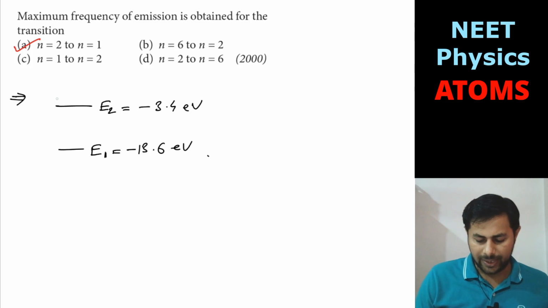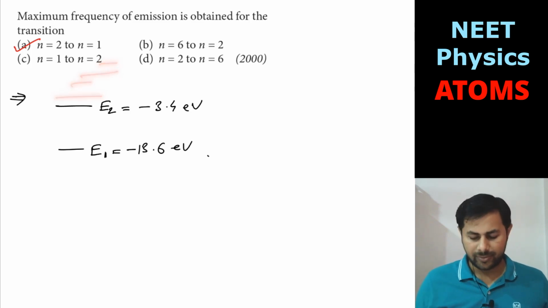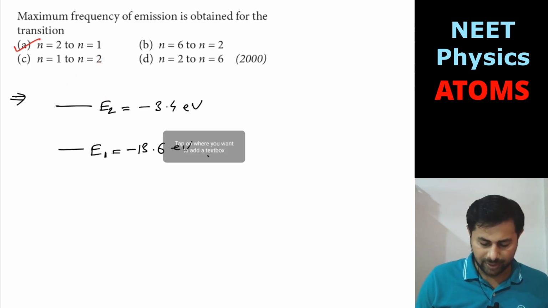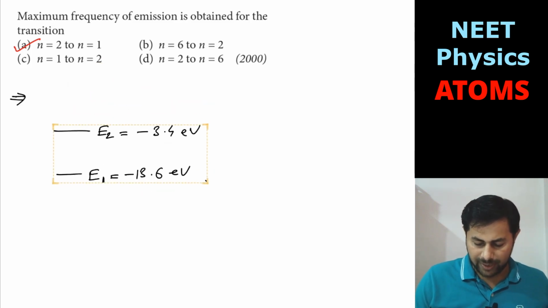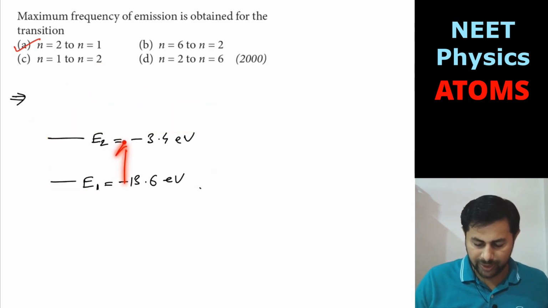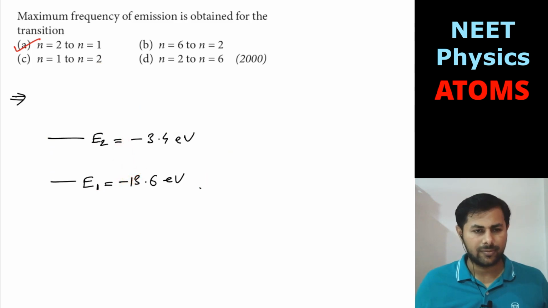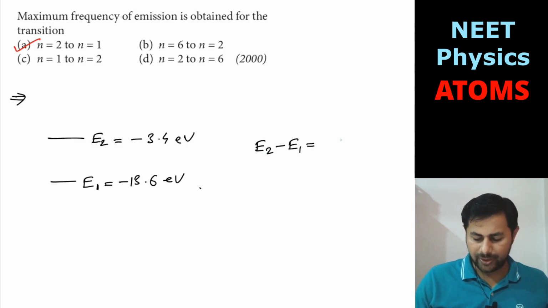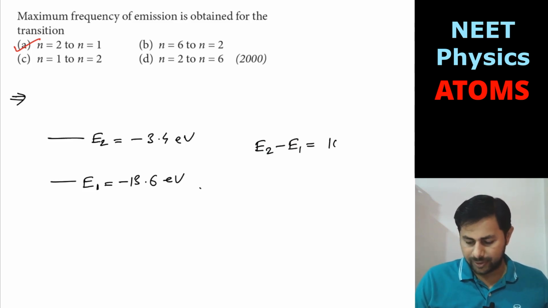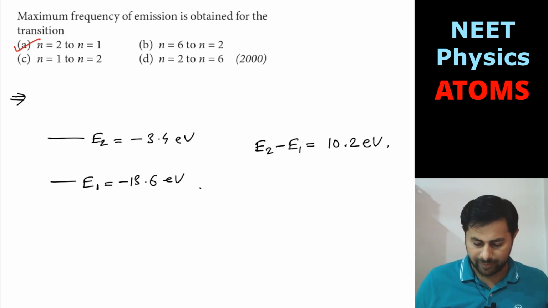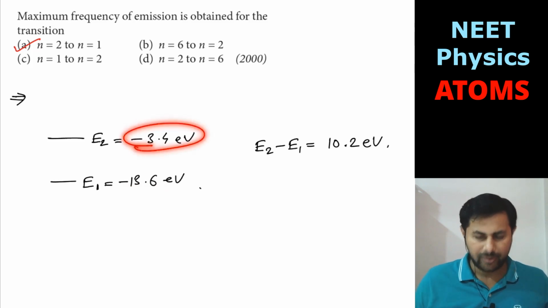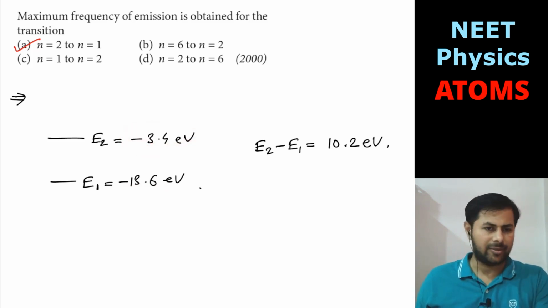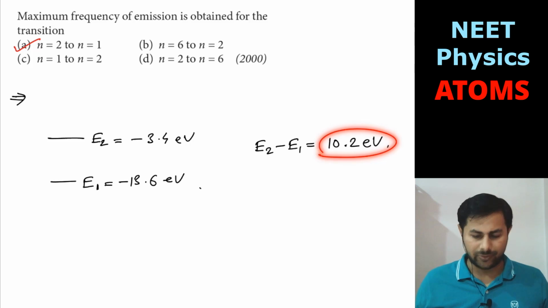So what's E2 minus E1? Minus 3.4 minus minus 13.6. So this is 10.2 electron volts.